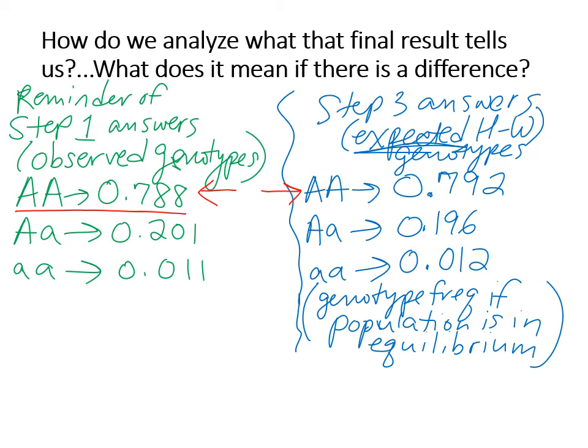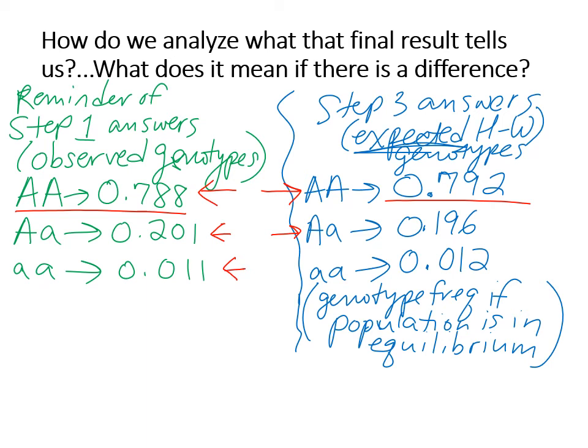If it's in equilibrium, it should have 0.792 or 79.2% of the population as homozygous dominant. Those numbers are fairly close. Then we look at the second one, 0.2 versus 0.196, which when you round it is 0.2. So the expected and the observed there are fairly close.